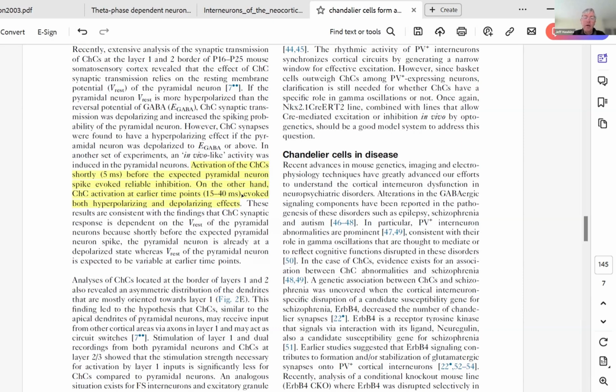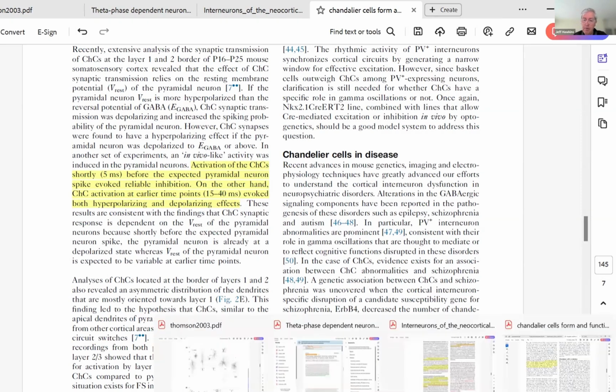This has always been an odd thing in neuroscience, because for dendritic spikes to occur, these action potentials have to arrive at pretty much the same time, within a millisecond or a few milliseconds. So this is a really interesting idea that these chandelier cells may be changing the spike timing of when spikes come out of the pyramidal cell. It may be a synchronization method, and I've seen some other references to that as well. So that's pretty cool.